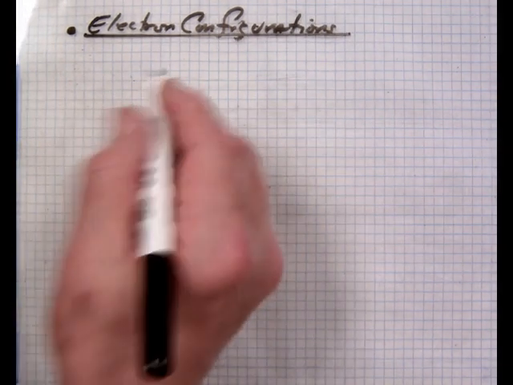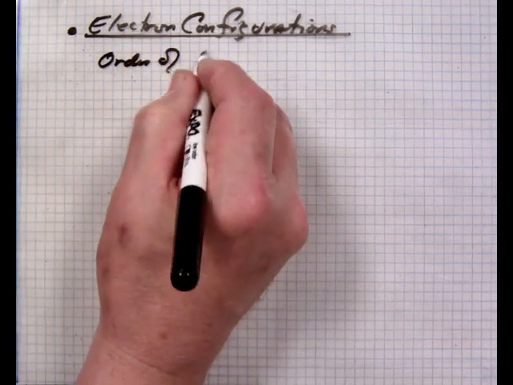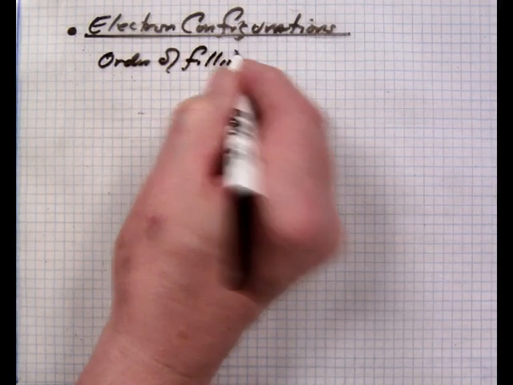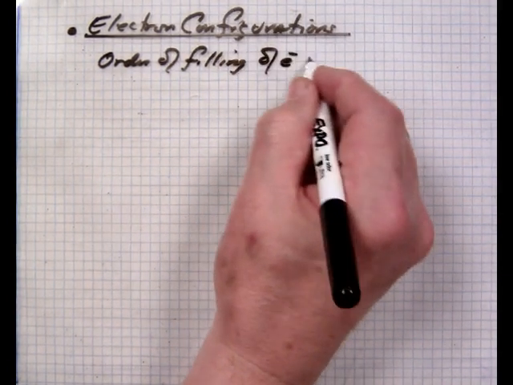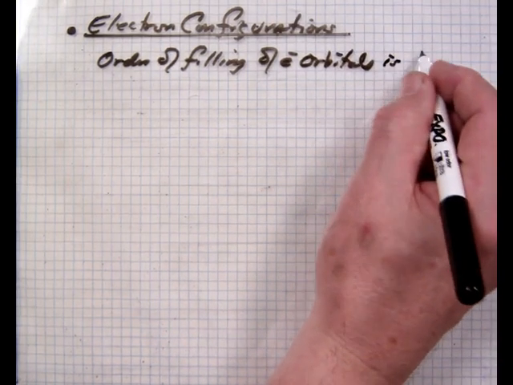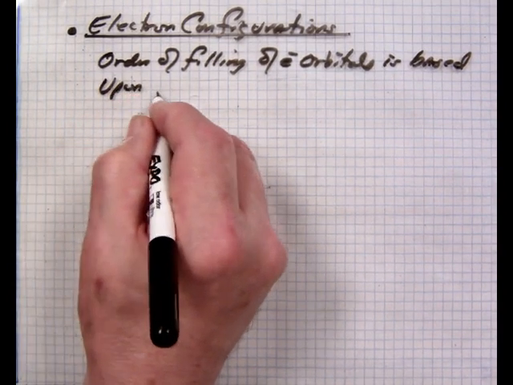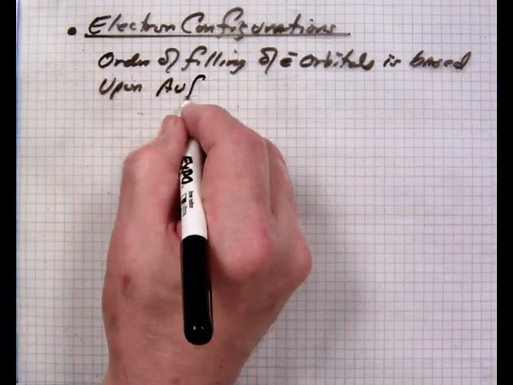The order of filling of electron orbitals is based upon the Aufbau principle.